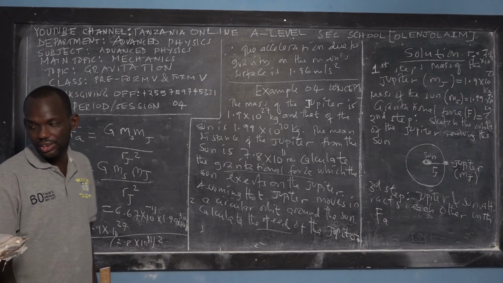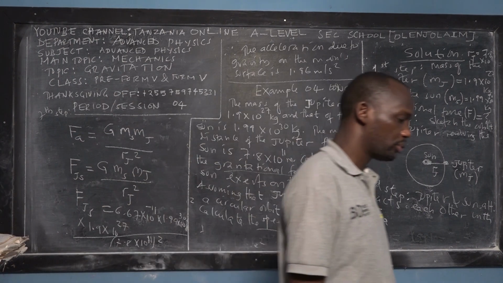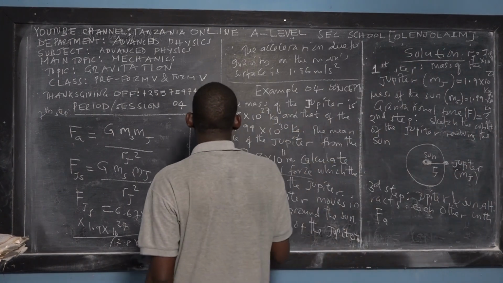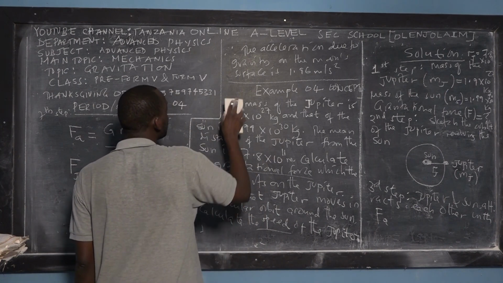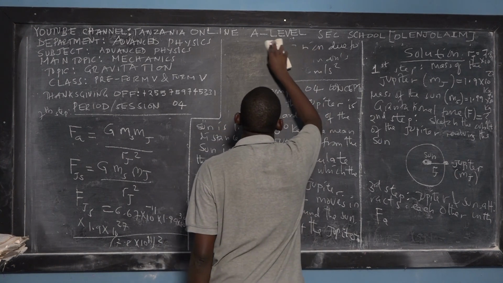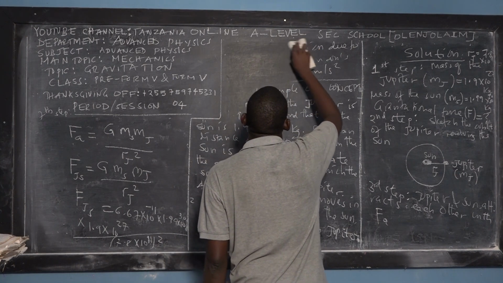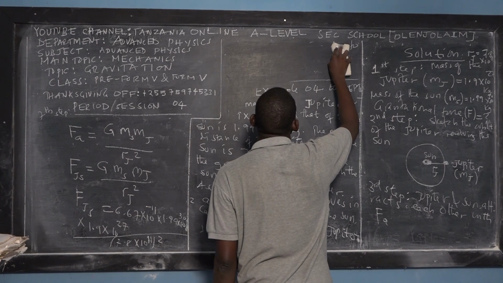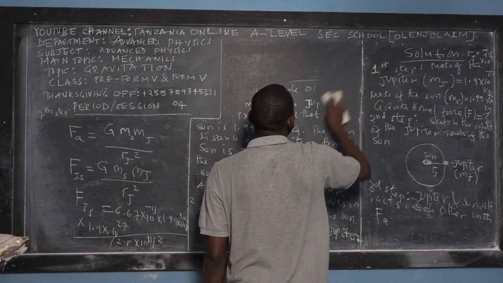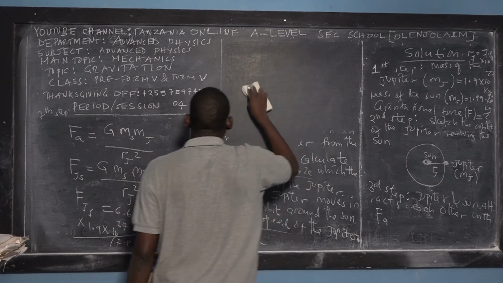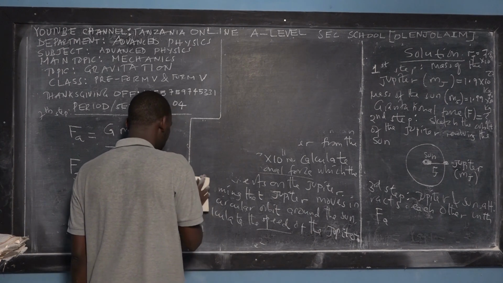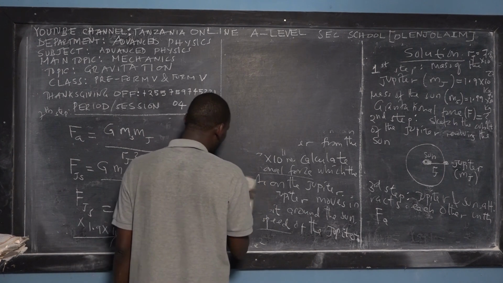So you can use your scientific calculator now to compute the response, which will be the answer for the gravitational force between those two bodies. Please use your scientific calculator. In case you don't have any scientific calculator, please look at the description of this video.